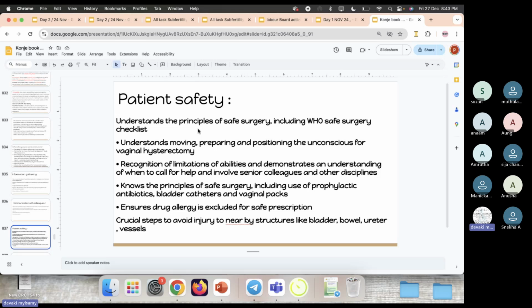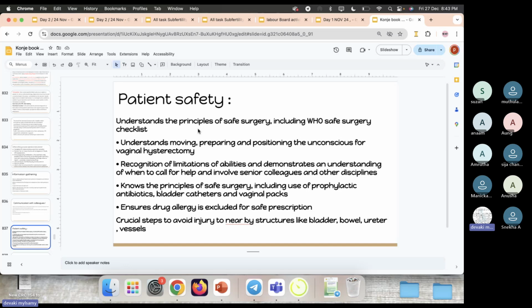Very nicely you had mentioned that knee support should be given to the patient to prevent nerve injury. Recognition of limitation of abilities and understanding when to call for help, involve senior colleague and other discipline, knows the principles of safe surgery, including use of prophylactic antibiotics, bladder catheterization, and vaginal pack. Drug allergy is excluded for safe prescription.